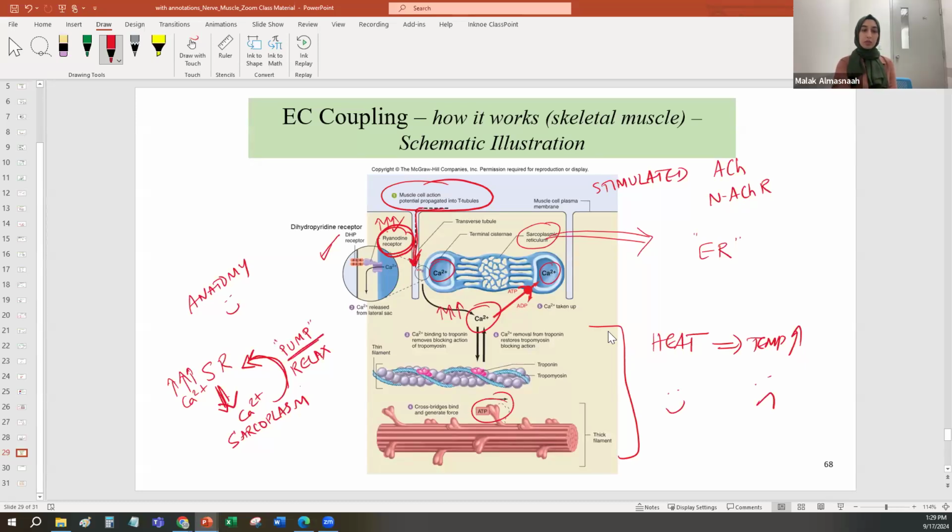Pump. So what is the pump that we are looking at here? Calcium ATPase pump. Yes or no? Remember, ATPase hydrolyzes ATP to give the energy for the pump, to pump calcium from the sarcoplasm back into the sarcoplasmic reticulum to cause relaxation.